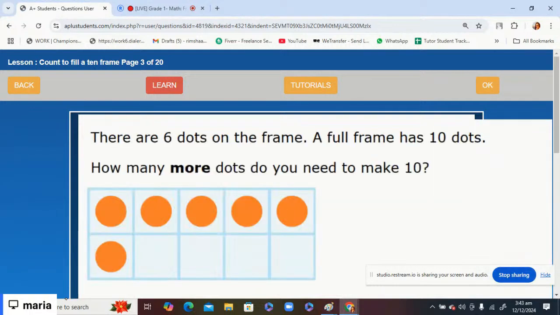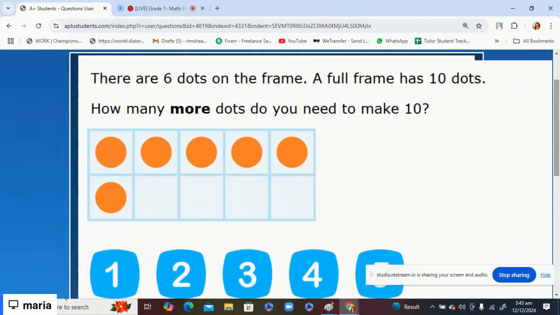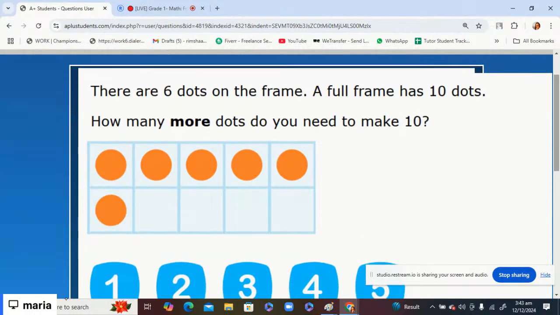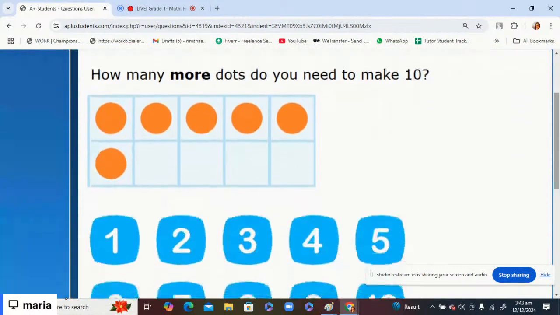Okay, so there are 6 dots on the frame. A full frame has 10 dots. How many more dots do you need to make 10? Just tell me, everyone. How many missing places are there? Count it.